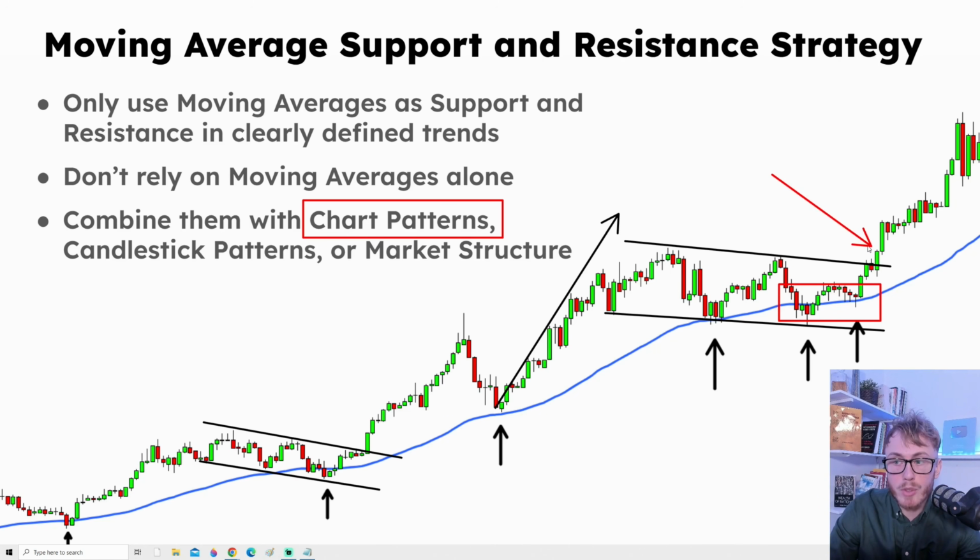But when we broke the upper resistance line, this sort of bull flag looking pattern is confirmed, and that is a valid entry point. So once again, in this example, we have two bullish variables happening at the same time. We have this supporting moving average that is in a clearly defined trend, and we also have a chart pattern supporting our trade even further.